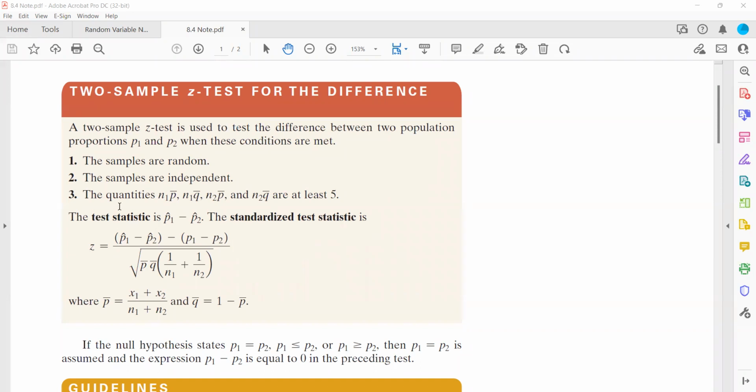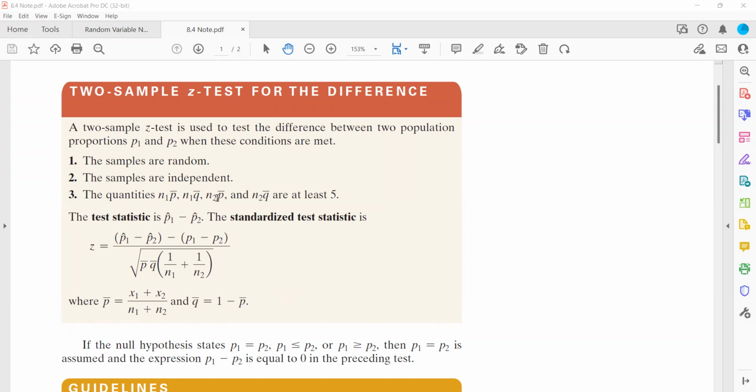3, the quantities N1 times P bar. The definition of P bar is denoted here. So the very first sample size times P bar and the very first sample size times Q bar. Q bar is 1 minus P bar.